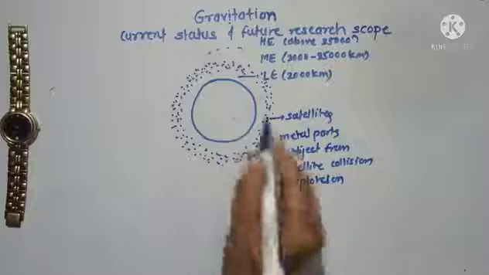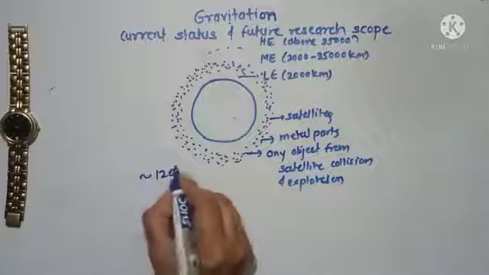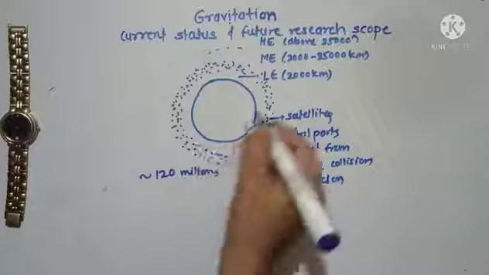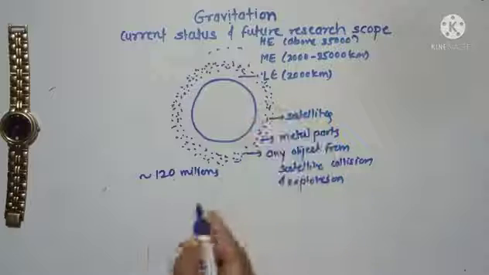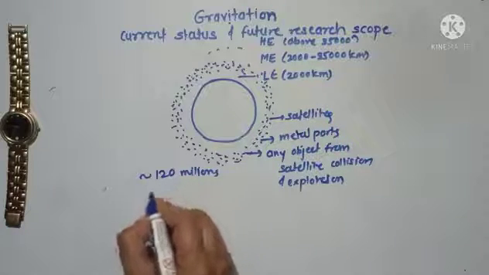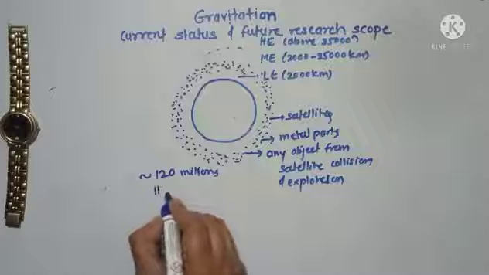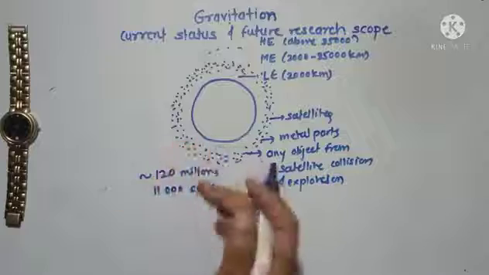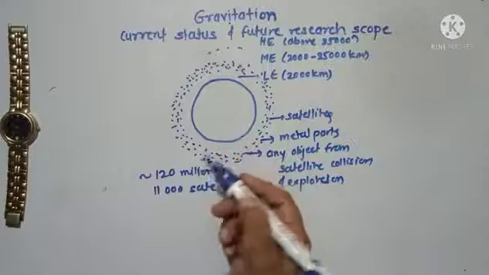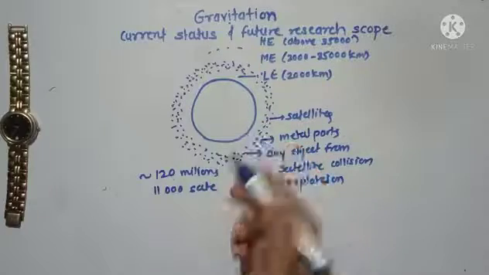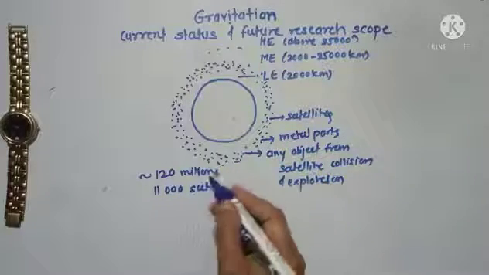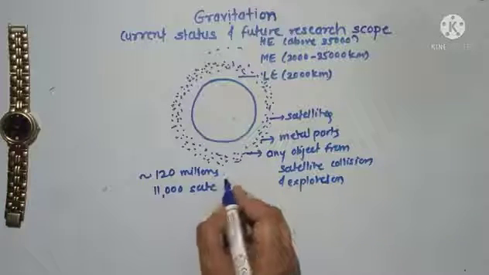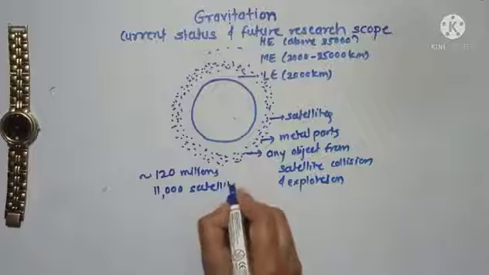So such an enormous number, nearly 120 million objects, are rotating in the lower Earth orbit, which is very dangerous. Up to now we have launched nearly 11,000 satellites, and for the last 60 years we have been continuously sending satellites into orbit.